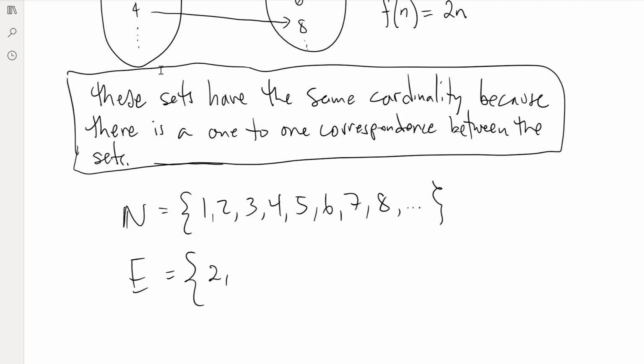The evens are 2, 4, 6, 8, and so in one sense, this set E has half the elements, but is the same size. That's kind of a striking, almost paradox, but it is a result of the very careful and formal definition of the cardinality of a set as an extension of what we mean when we say the size of the set.